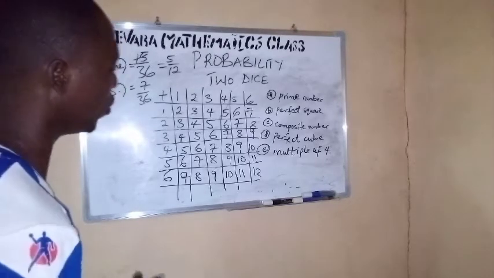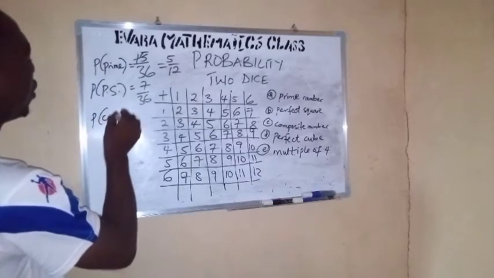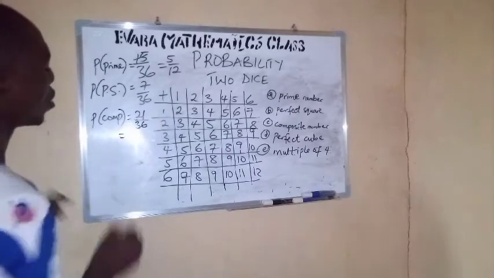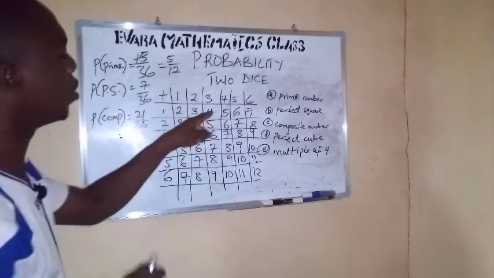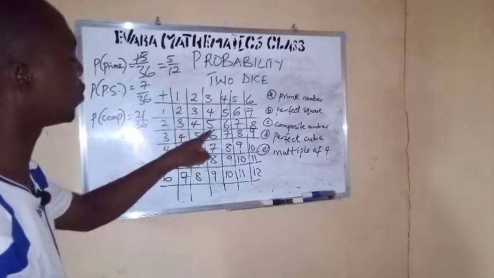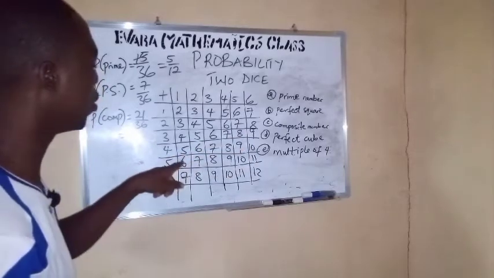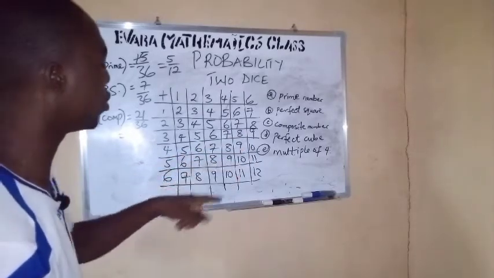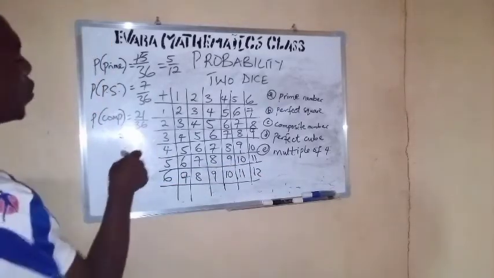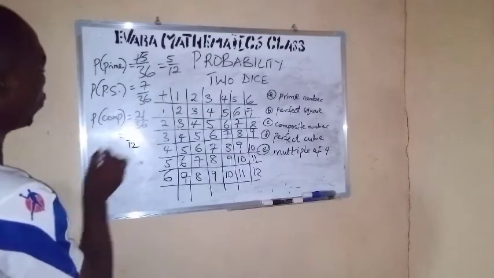So we have 21 of them. The probability of getting a composite number will be 21/36. Let's count again: 1, 2, 3, up to 21. If you reduce this fraction, 3 into 21 is 7, and 3 into 36 is 12.